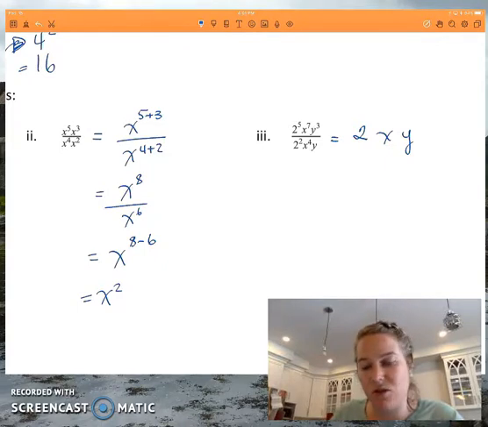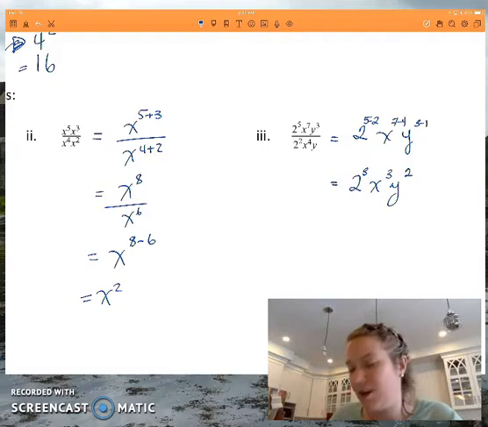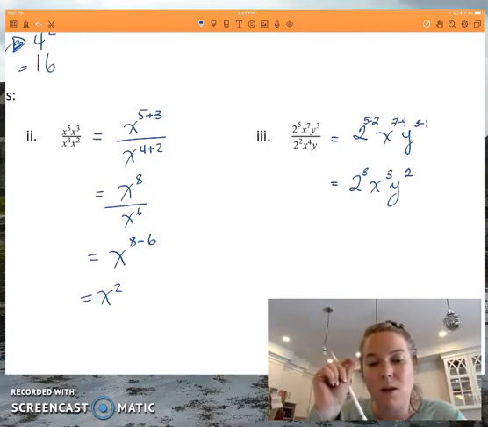So let's look at the 2's. Okay, it's a division, so it's going to be subtraction. Numerator minus denominator. x is going to be 7 minus 4, and y is going to be 3 minus 1. So I'm going to have 2 to the exponent 3, x to the exponent 3, y to the exponent 2. Am I done? Almost. I'm very close to being finished.